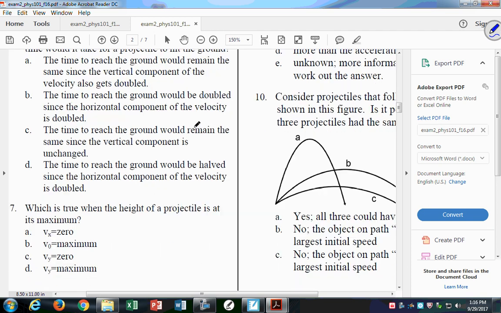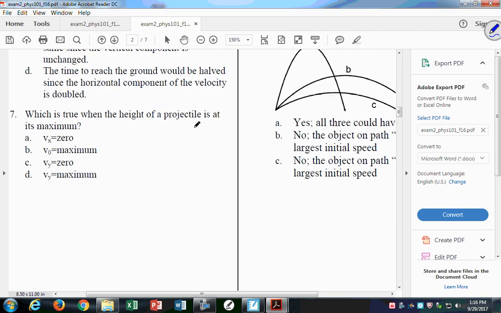The height of the projectile when it's at the top of its maximum. Which of these is true? Vy is 0, right. Vy is 0 at the top of the trajectory. At the top, Vx is equal to V naught x, and Vy is equal to 0.